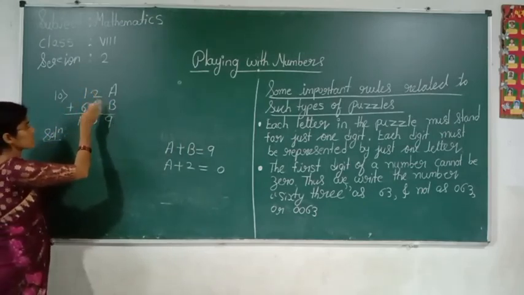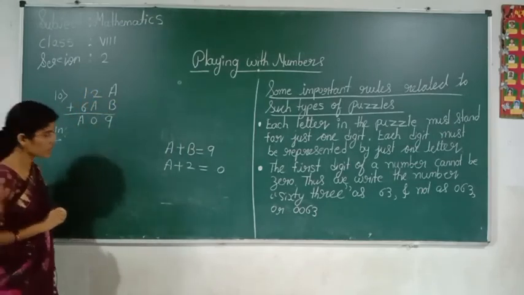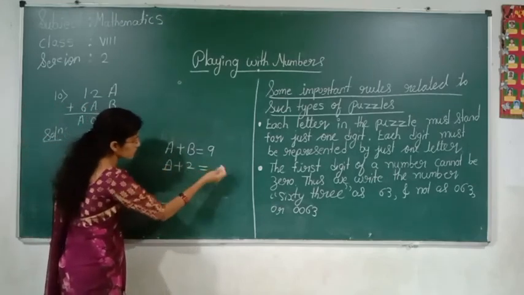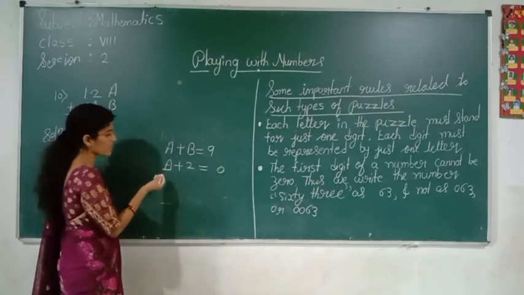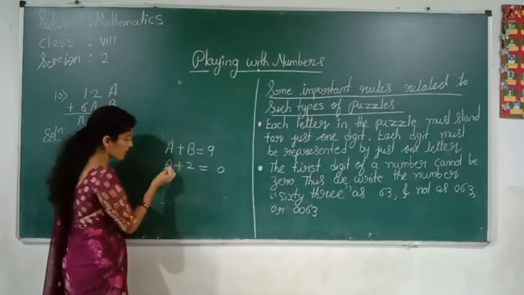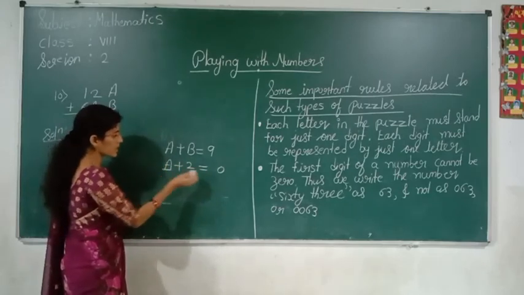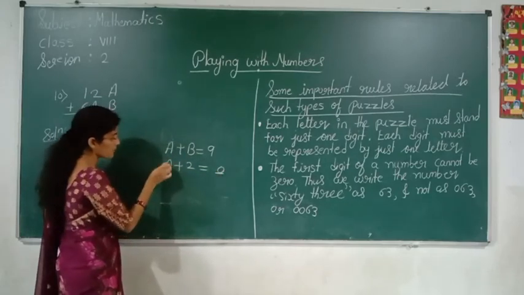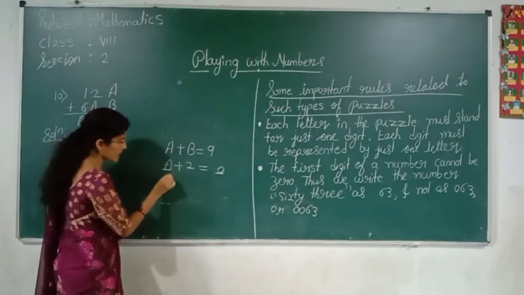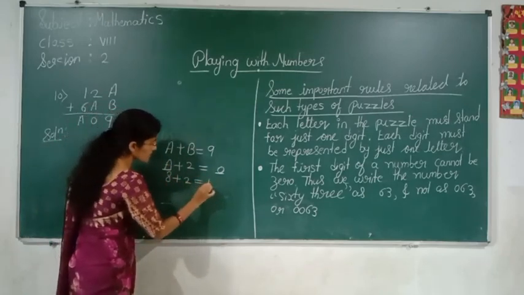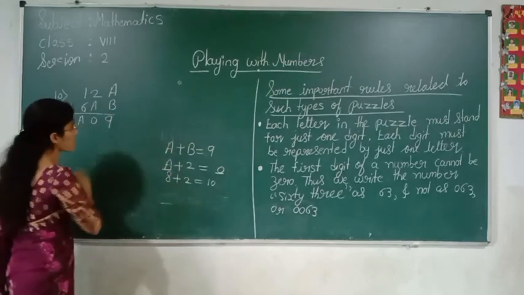You just see the next digits, you will get a clue. When A plus 2 is equal to 0, means when we put A value, we will get the unit place as 0. If I put A value as 8, A plus 2 is 10.